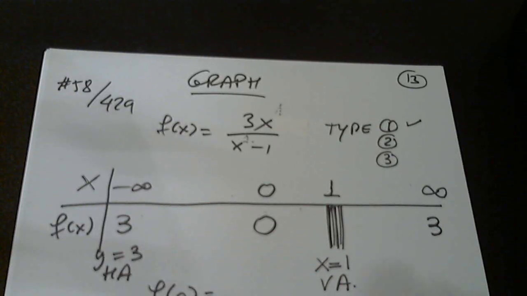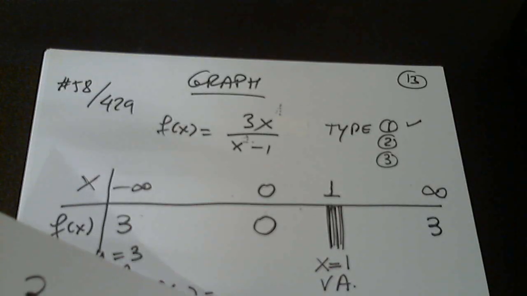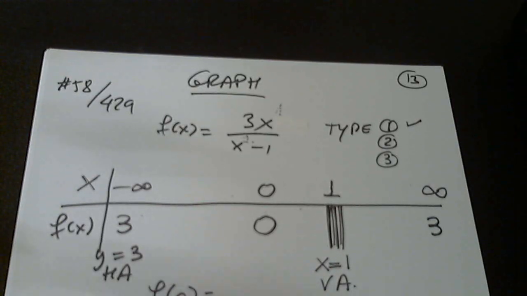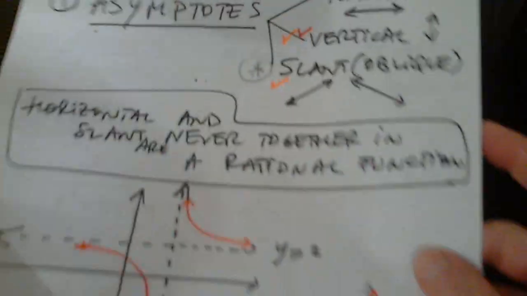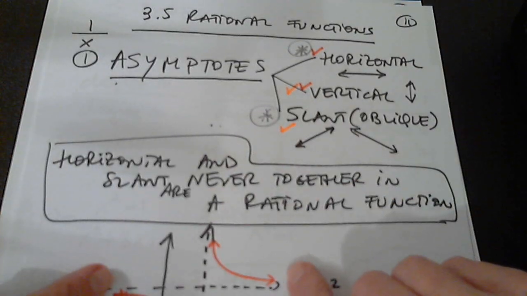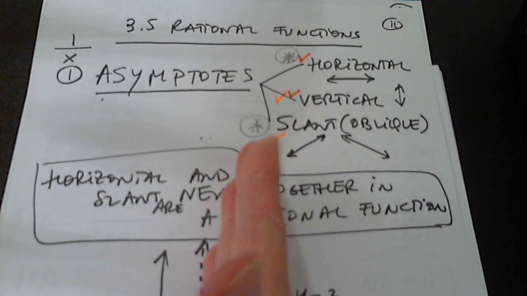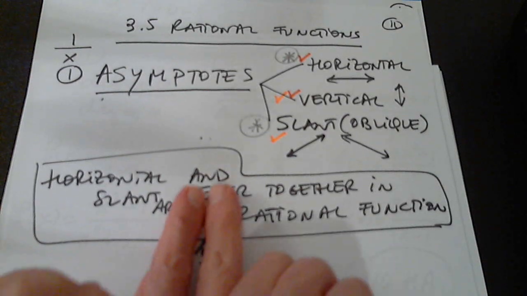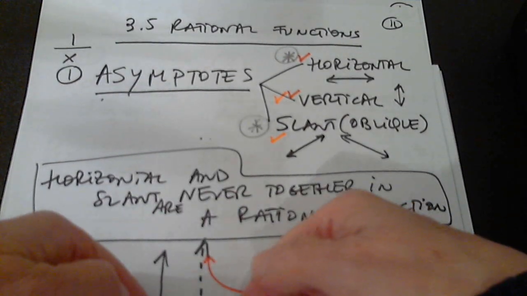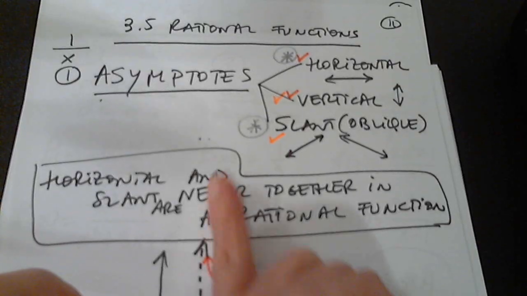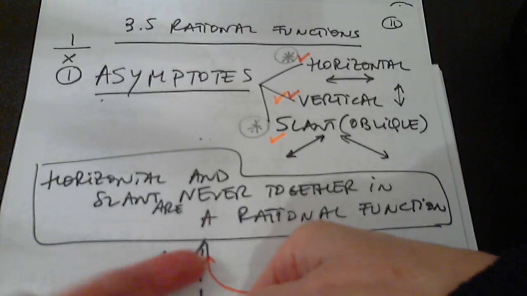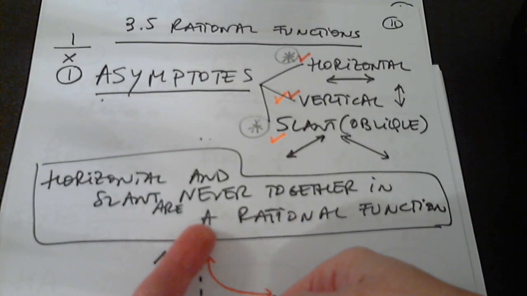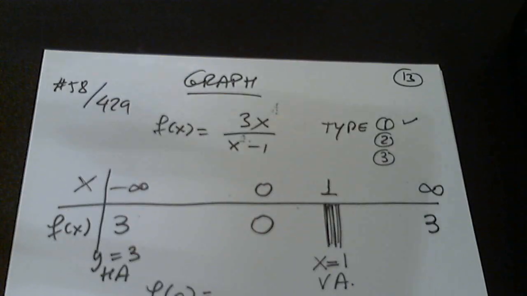I know that by definition, back to the previous page, when a rational function has a vertical asymptote, it means that the function left and right of the vertical asymptote either goes to infinity, or goes to negative infinity, or goes to infinity and negative infinity, or to negative infinity and positive infinity. I know that for sure.